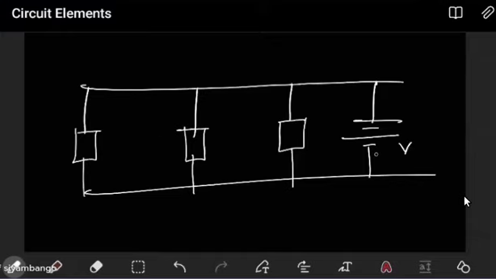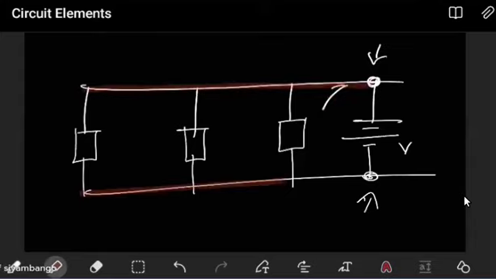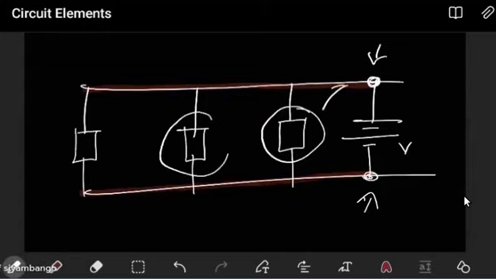Because these are parallel, this voltage also supplies a voltage here and here, which creates a potential difference across these 2 points. Meaning these will see the same 2 points, because this will appear as if it's 1 point, and this will appear as if it's just 1 point. So the voltage difference across this will be the same as across this, and the same as across this, and they'll all have this value. Have you got that?